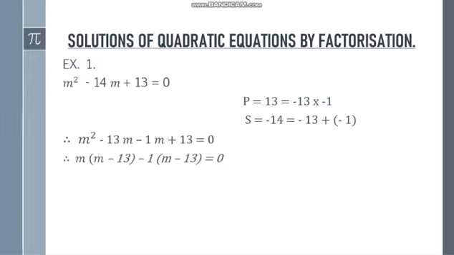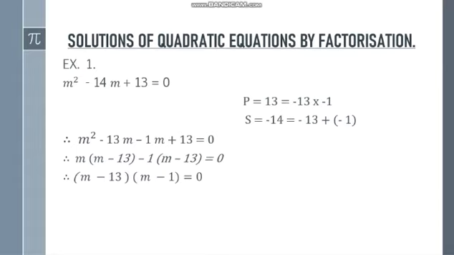Now see, in this step, m minus 13 is the same in both brackets. So we will write it at once. What we will get? m minus 13 in one bracket, and the remaining factors, that is m minus 1, in the second bracket, is equal to 0. Now here we got m minus 13 into m minus 1 is equal to 0.